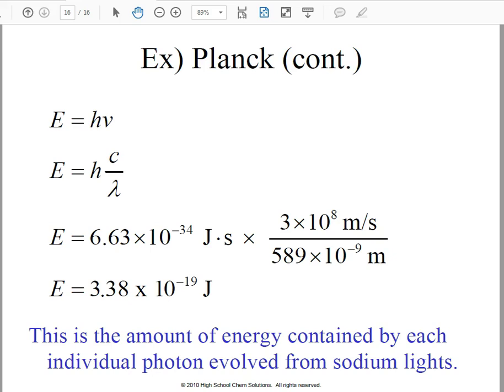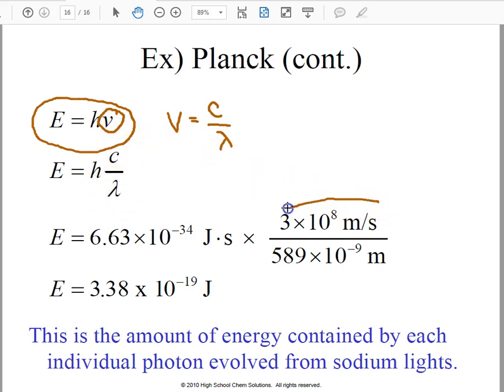They work this problem out in a slightly different way, which I wanted to show you. So they start out, we're looking for energy, and then they look at the equation for frequency, which we rearranged when we were working the problem. We said frequency equals speed of light over wavelength, and they just go ahead and plug that in for frequency.